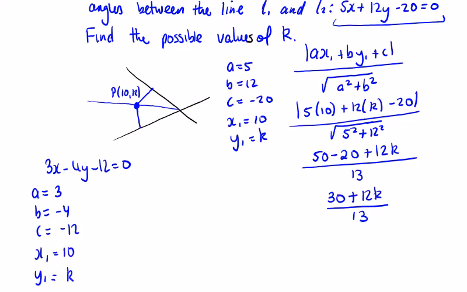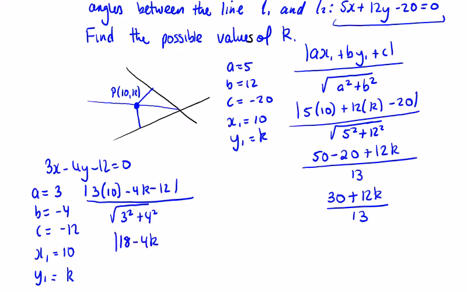So using our formula from above, we have 3 by 10 minus 4 by k minus 12, all over the square root of, and again this is one that works out evenly, 3 squared plus 4 squared. So in one step we have a 30 and a -12, so we have 18 - 4k, and we know the square root of 3 squared plus 4 squared is 5.